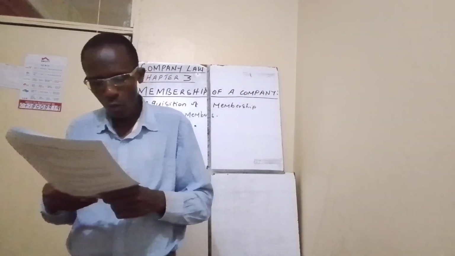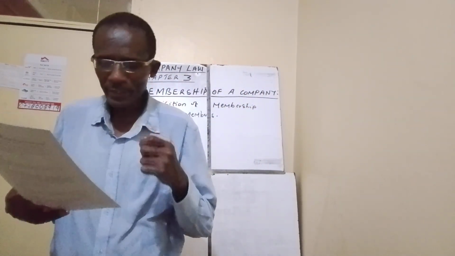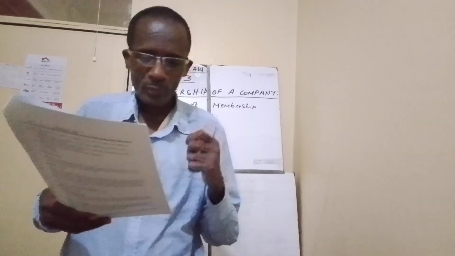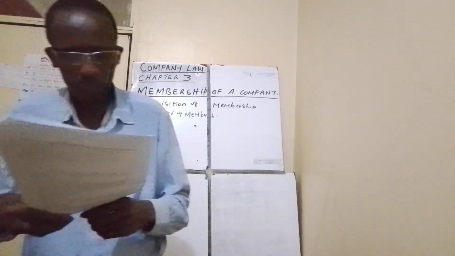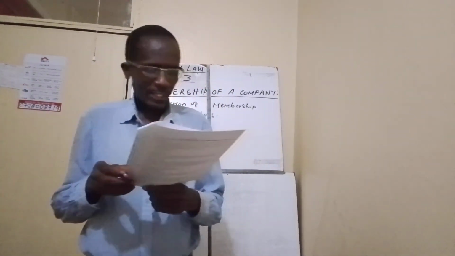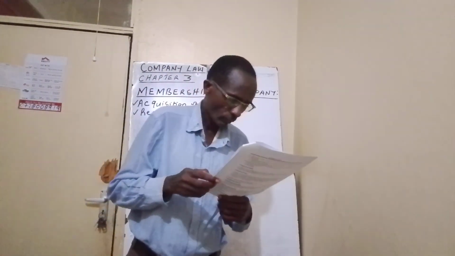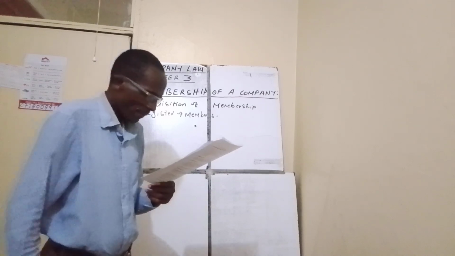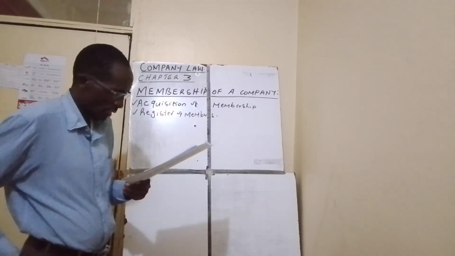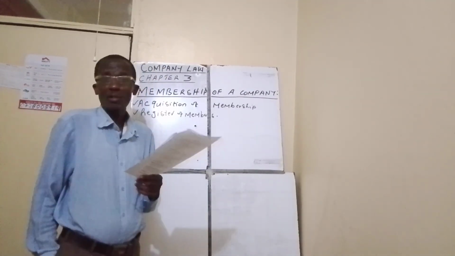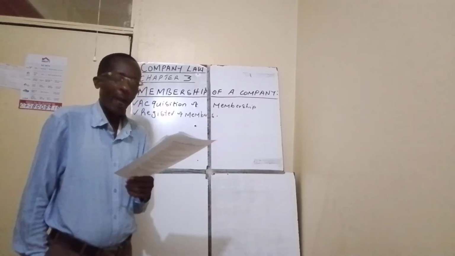We look at maintenance of a register. Under section 112, subsection 2, the register must be kept at the registered office of the company.